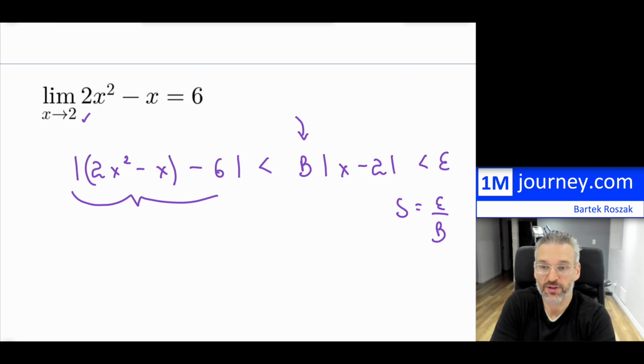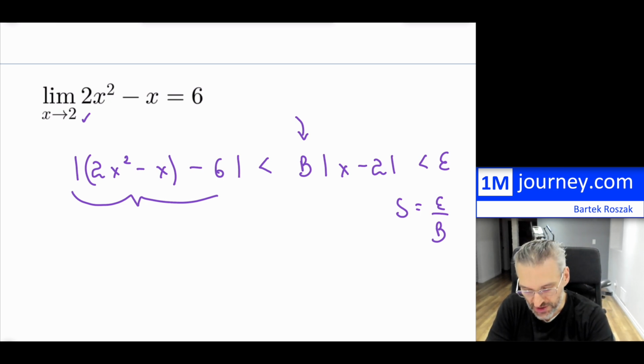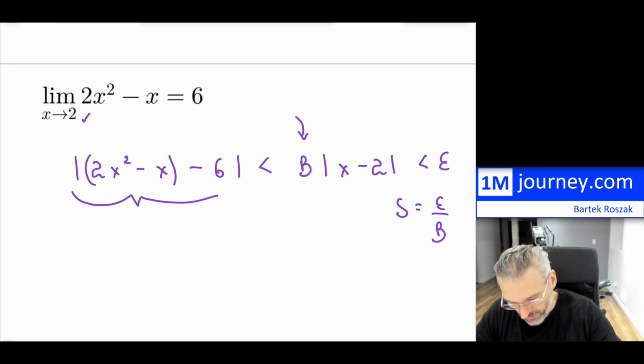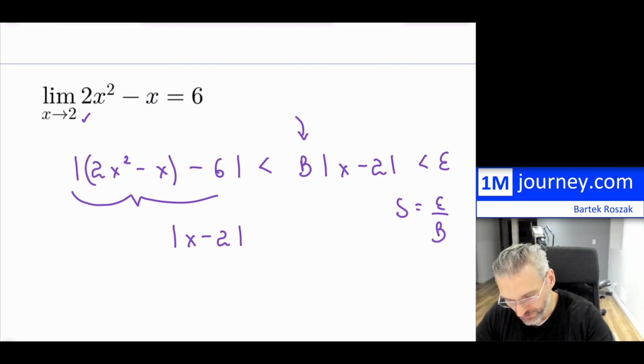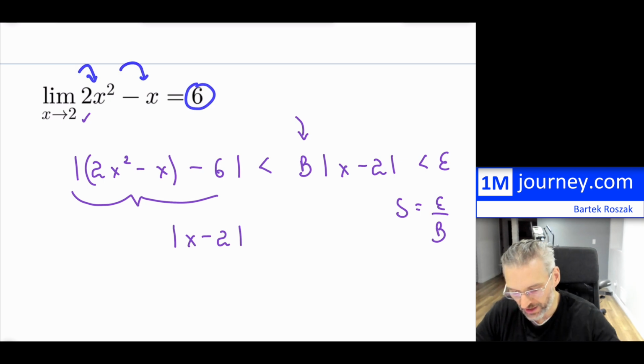Because you have a quadratic, this is something I would want to remind you of. This will always factor into x minus your a. Why? Well, if the limit actually exists, if you substitute 2, because that's how the 6 came about, you're going to get your 6.